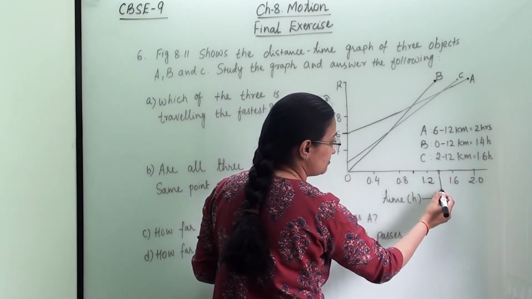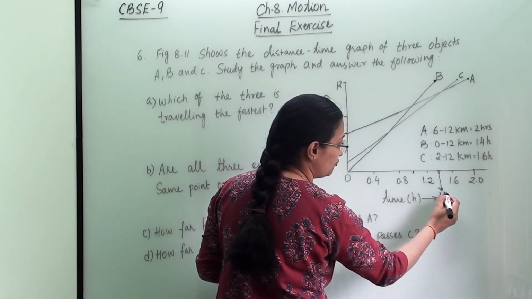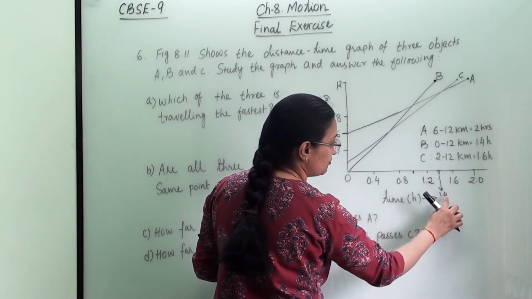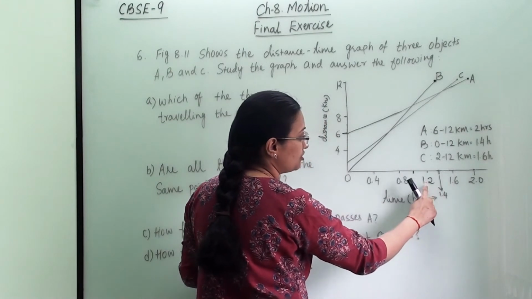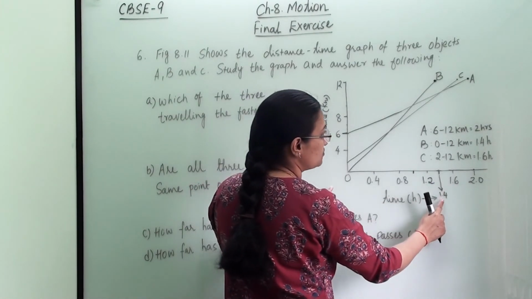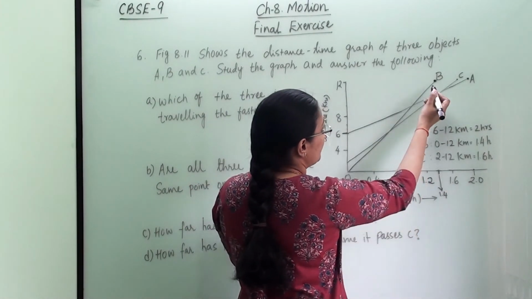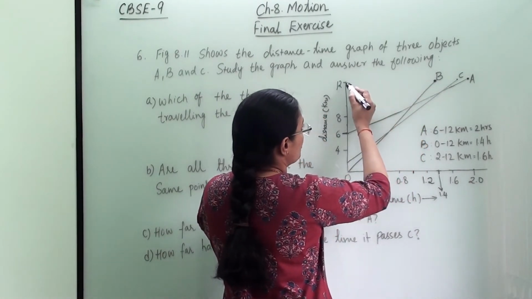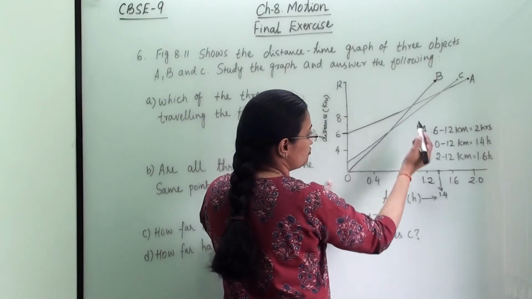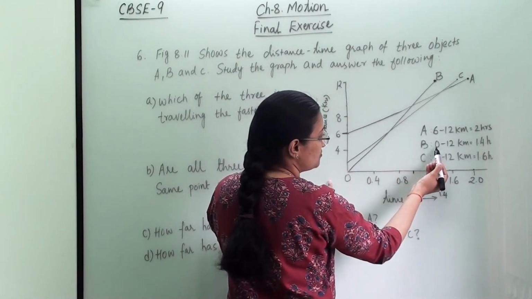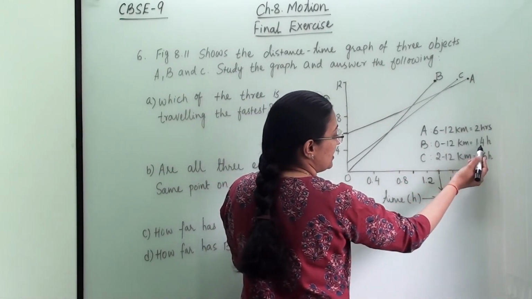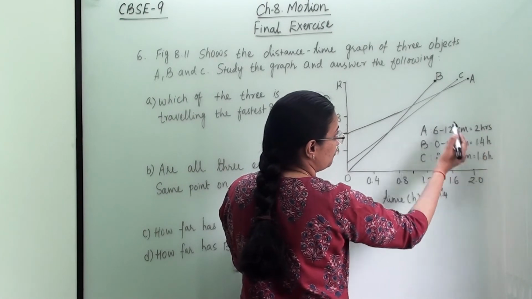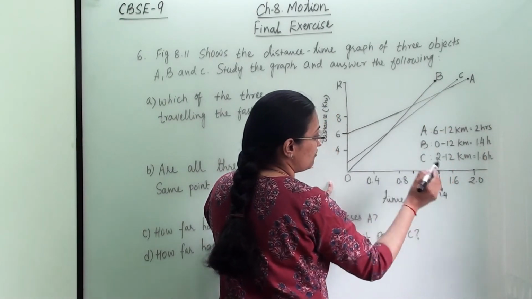So this time tells us that it is 1.4 hour. And at which kilometer is it finishing? Almost at 12 kilometer. So object B's journey is from 0 to 12 kilometer and it is finishing in 1.4 hour.